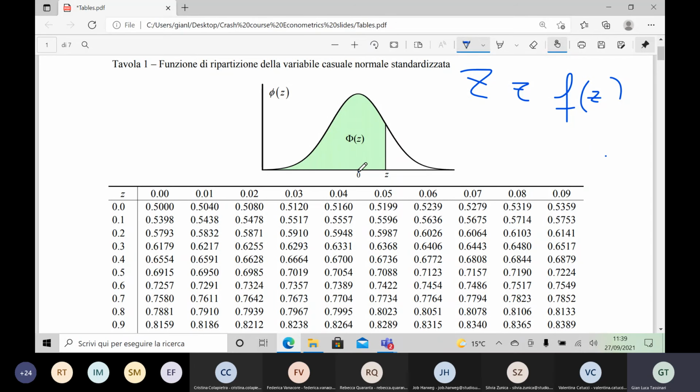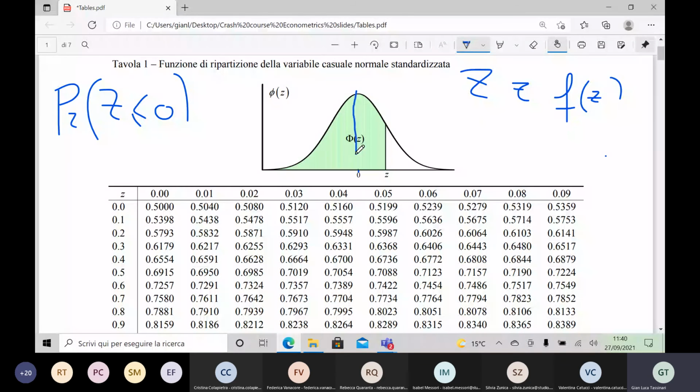So zeta 0.0 here means the probability that capital zeta, a standard normal, will assume a value smaller than or equal to small zeta, where small zeta is 0. So it is the probability that a standard normal random variable will assume a value smaller than 0.